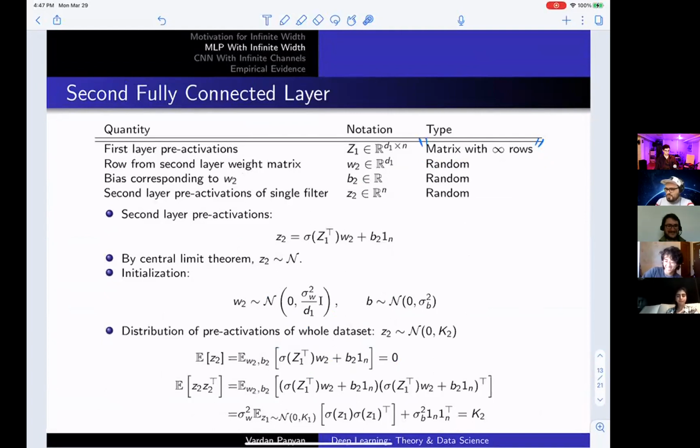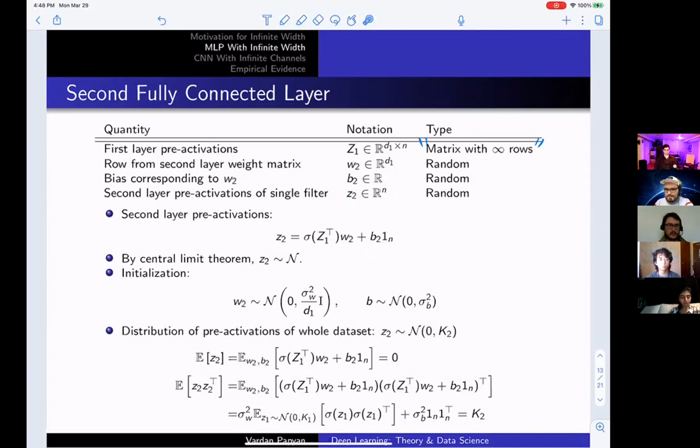And then we have W2, which is a row from the second layer weight matrix, and B2, which is the bias corresponding to W2, and Z2, which is what happens after we multiply the value of Z1 by W2 and add B2 according to this equation. And again, I want to reiterate that we think of W2 as being random, we think of B2 as being random, we think of Z2 as being random.